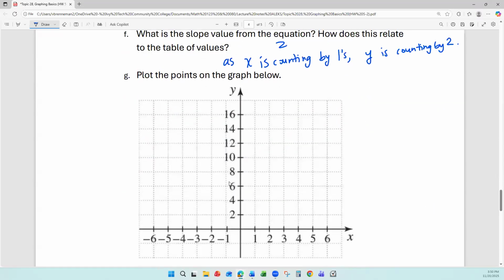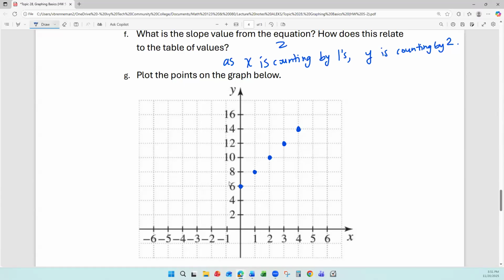All right, on the graph, we have our points 0, 6, 1, 8, 2, 10, 3, 12, 4, 14. Now, this grid that was provided is already counting by 2 on the y, so we're not going 2 grid lines, we're going the 2 units. Often the y-axis is not counting by 1.